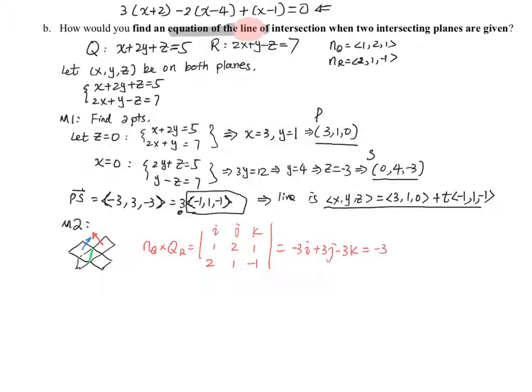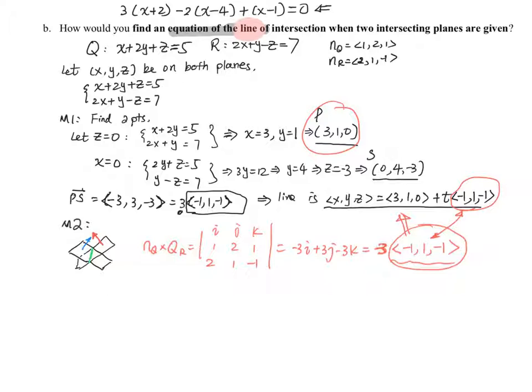If you factor out the 3, you're going to get negative 1, 1 and negative 1. So that's actually the same as what we found previously. So using this point and this direction vector, we can find the equation of the line.